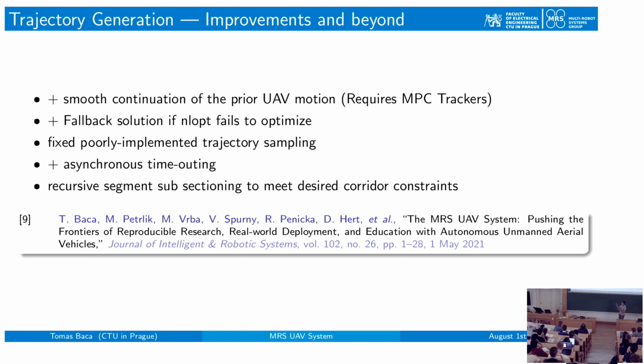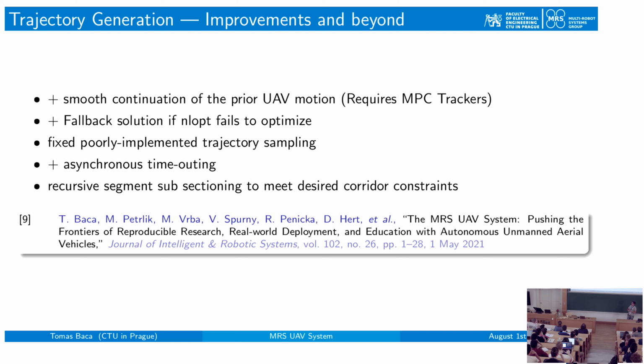And if the optimization of the trajectory goes wrong, either doesn't finish at all, which might happen with nonlinear optimization, or if, for example, the solution is infeasible for some reason, such as infeasible initial conditions, then we have a fallback solution, and the drone will still fly even though the system sort of breaks.